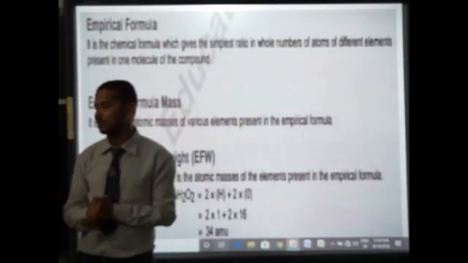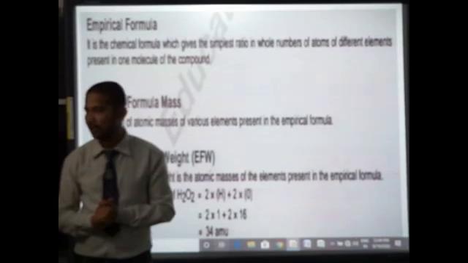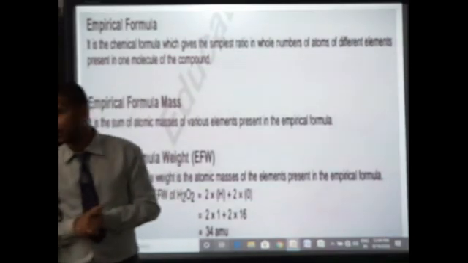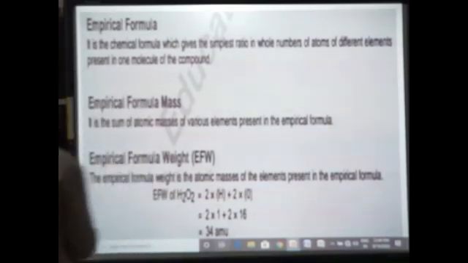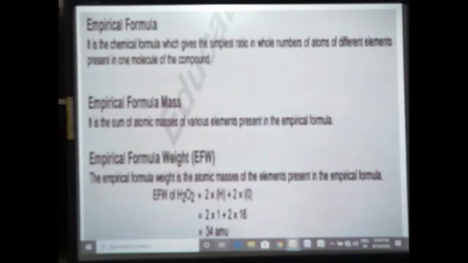Then these are the formulae for finding the empirical formula. What is the empirical formula? It is a simple whole number ratio. It is a chemical formula which gives the simplest ratio, in whole numbers, of atoms of different elements present in one molecule of the compound.